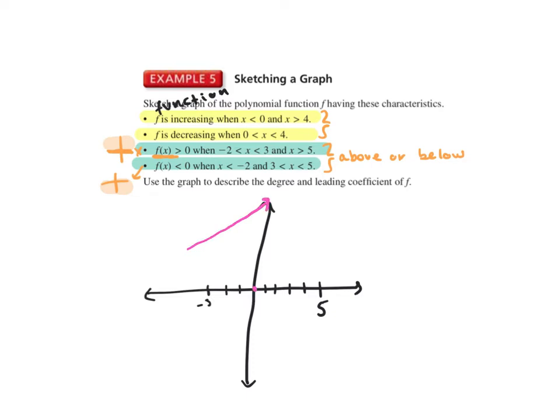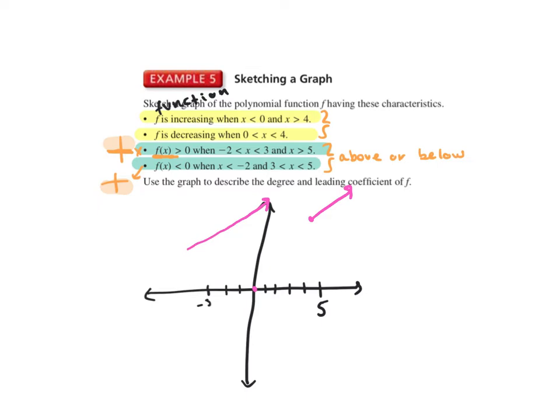And then it's also increasing from when x is 4 to greater than 4. Now I'm putting it above just so we can see, because I don't know exactly where our graph is going to be. So I'm just making a note that from less than 0 and greater than 4, our graph is going to be increasing.